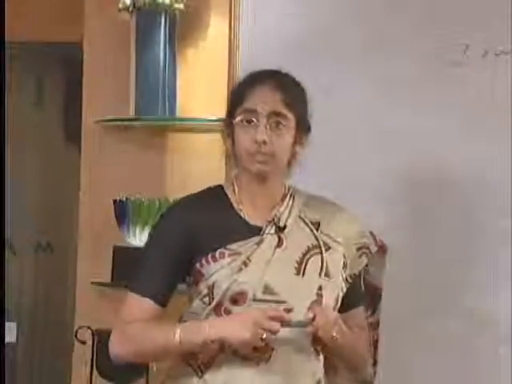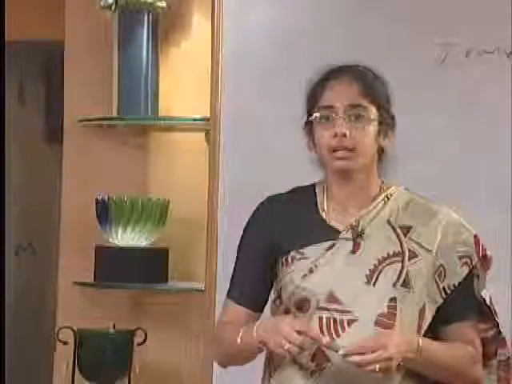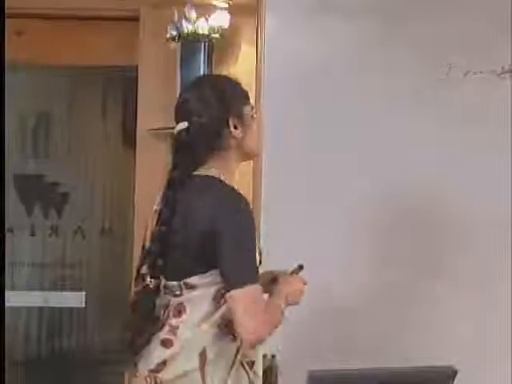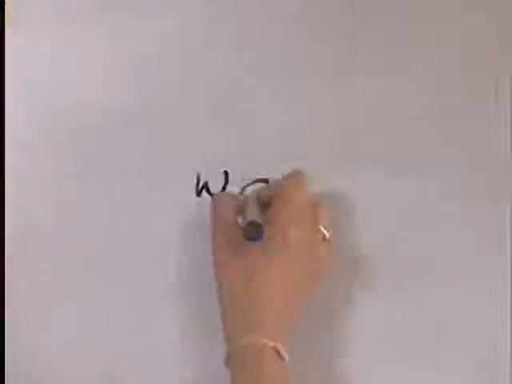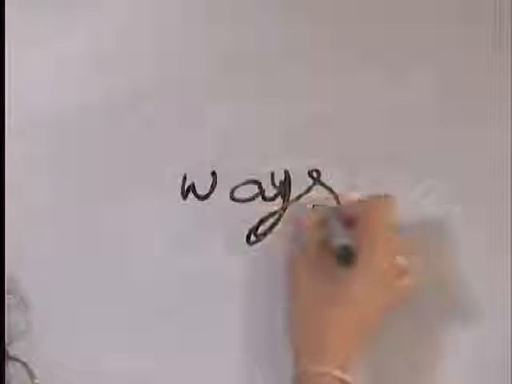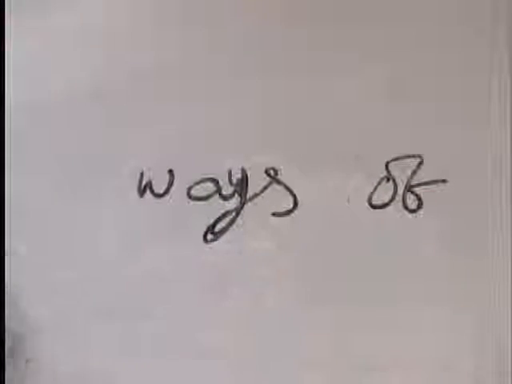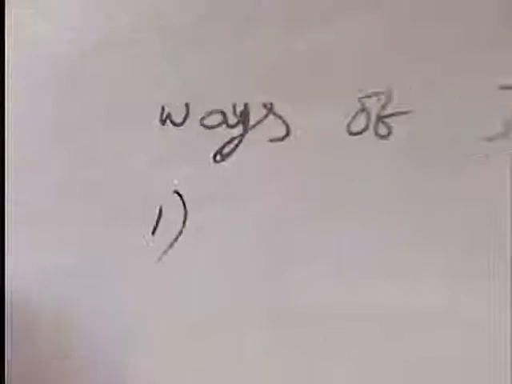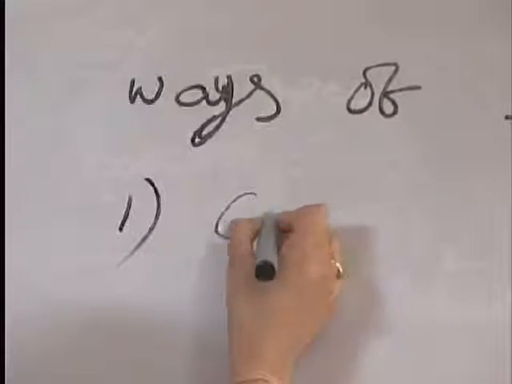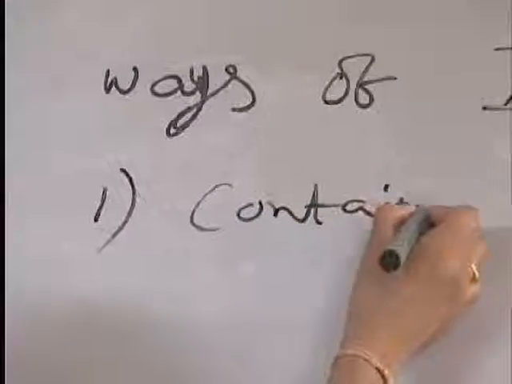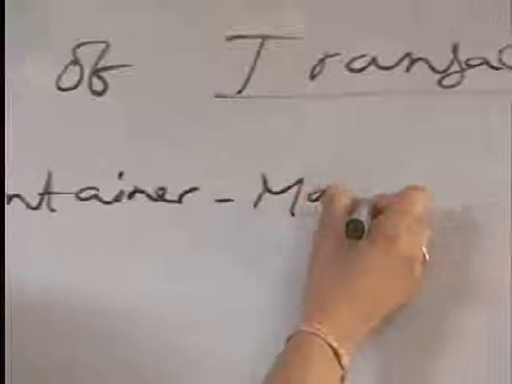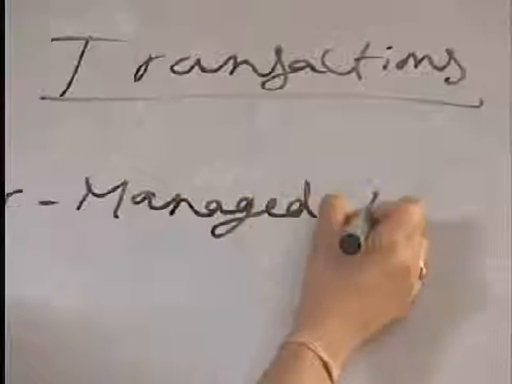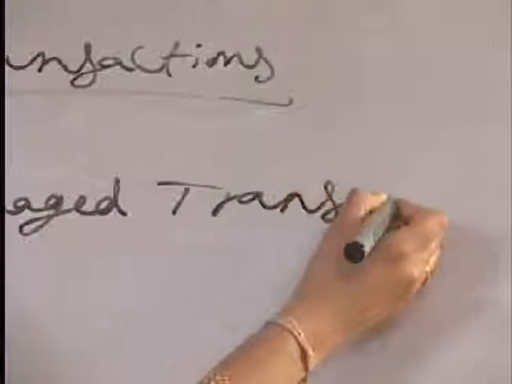So we have seen the types of transaction, the properties, and what all is involved in a transaction. What are the different ways of handling a transaction? One, container managed transaction.